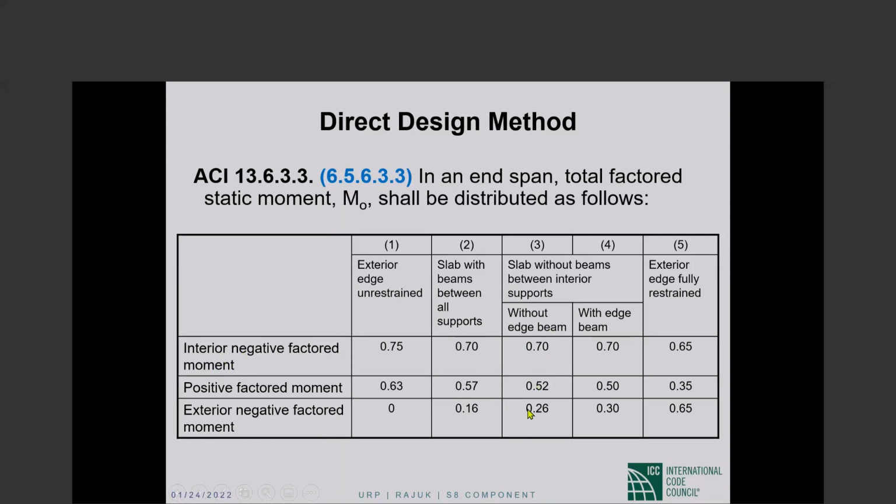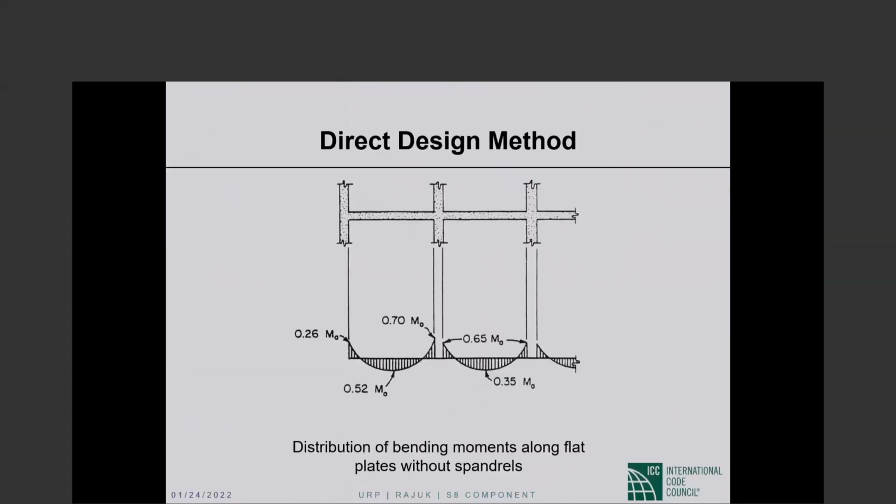And the negative moment at the exterior support is 26% of m sub 0. 70 plus 26 is 96. Half of that is 48. So average negative moment is 48% plus 52% gives you 100% of m sub 0.